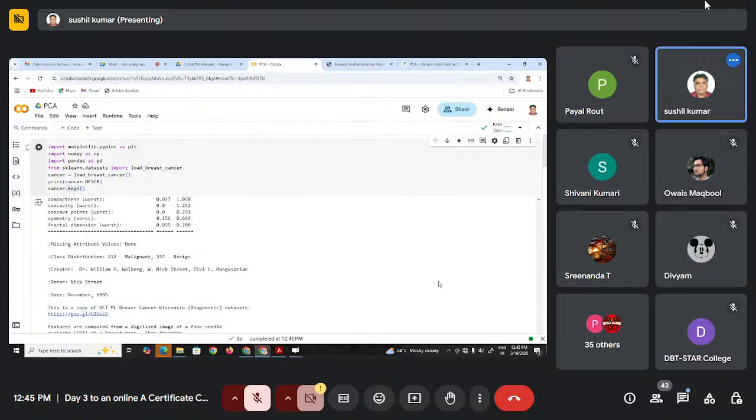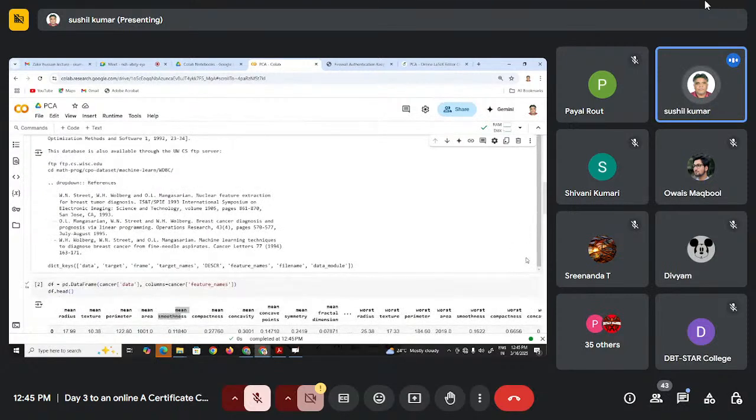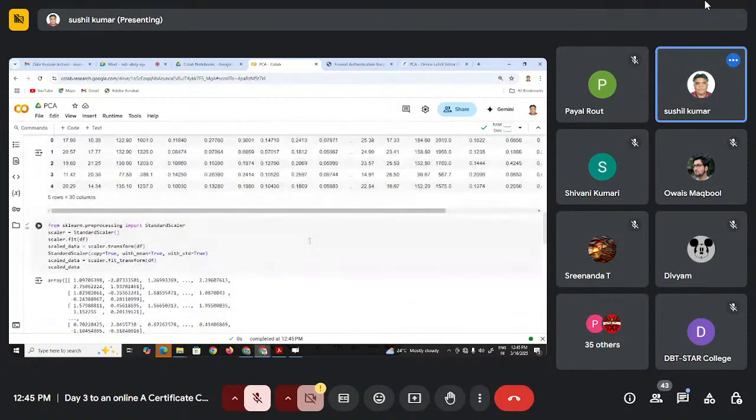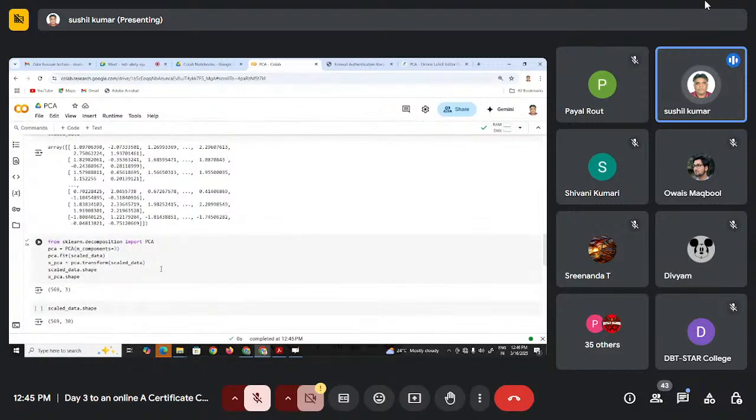Now I'm coming back here. We scaled the data, and PCA is the available algorithm. PCA.fit on the scaled data you have already taken, transform it, and I will compile it. Now you can check that it was 569 into 30.